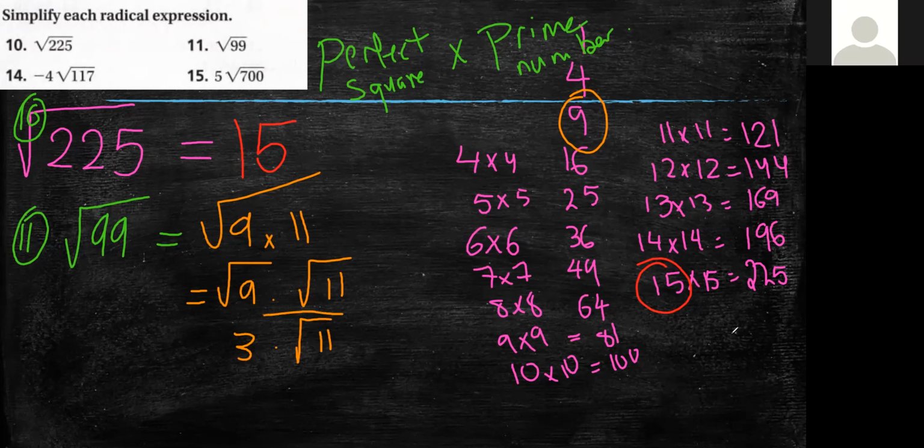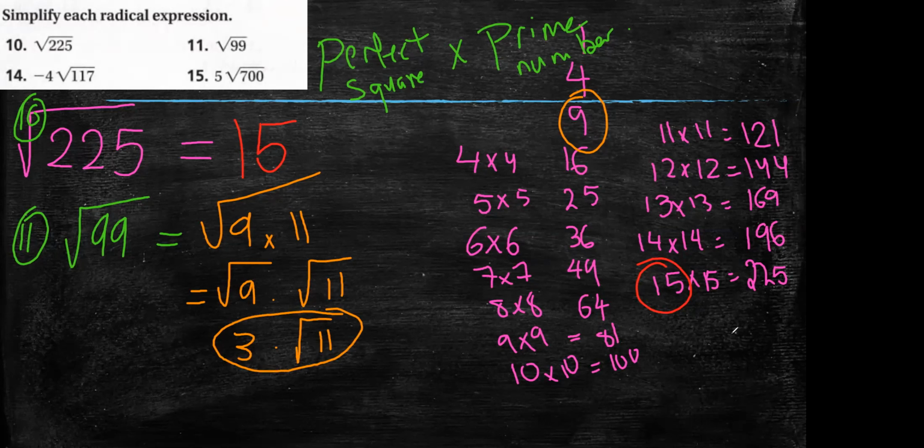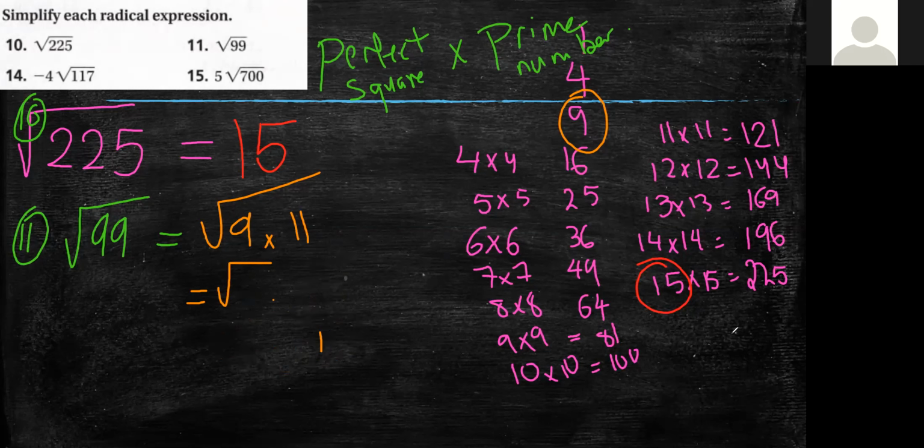So I will say it's 3 square root of 11. Is it clear? Yes, miss.